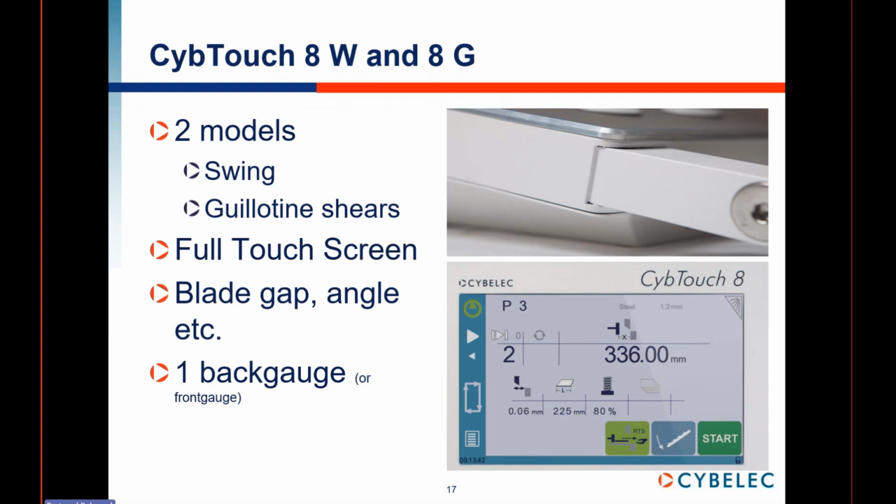Like all CybTouch, you have just a touch screen. It's possible to control blade gap and angle. And with the CybTouch 8W and 8G, you have the possibility to manage one back gauge or a front gauge.